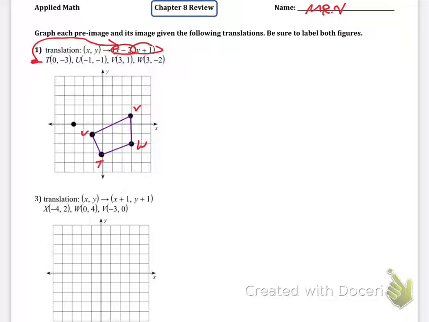So same thing with V, to the left 2, up 1, W, to the left 2, up 1, and then T to the left 2, up 1, and that's my new shape. And then what I would just need to do is make sure I'm putting my prime signs, so I'm labeling.